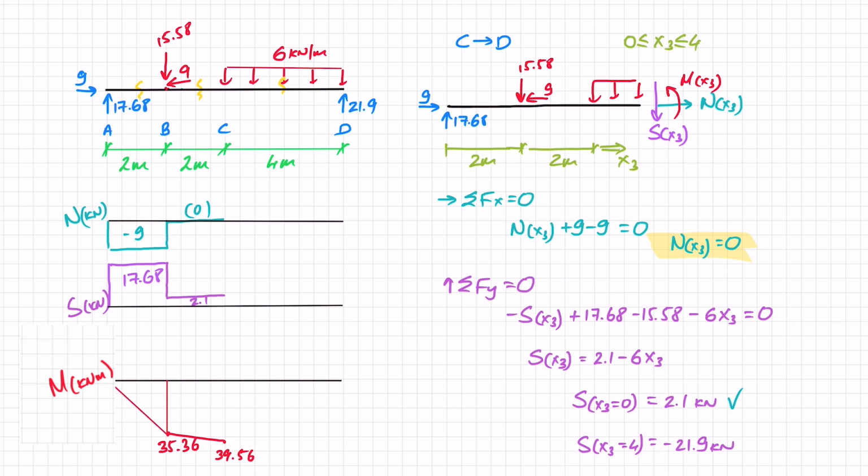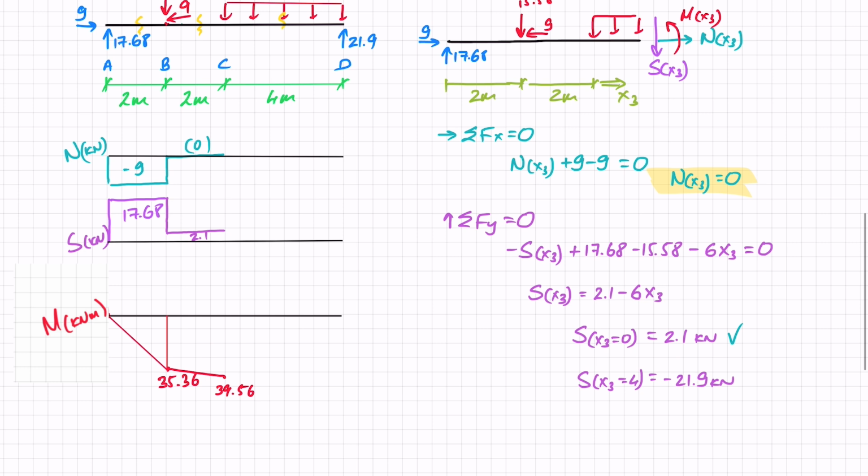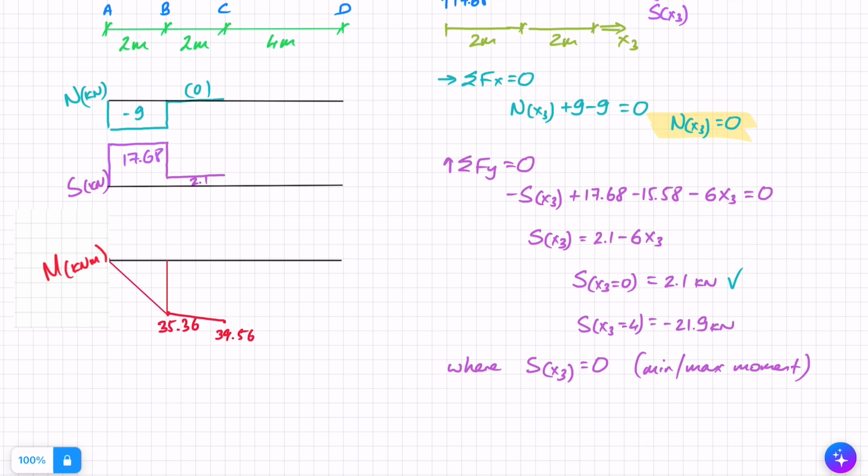Now this means that I've gone from plus to minus. I have passed through 0. I know that when the shear equals 0, I'm at my max or minimum moment. So I want to find out where the shear is 0, because that will give me the min or max moment. So let's take our equation and equate it to 0.